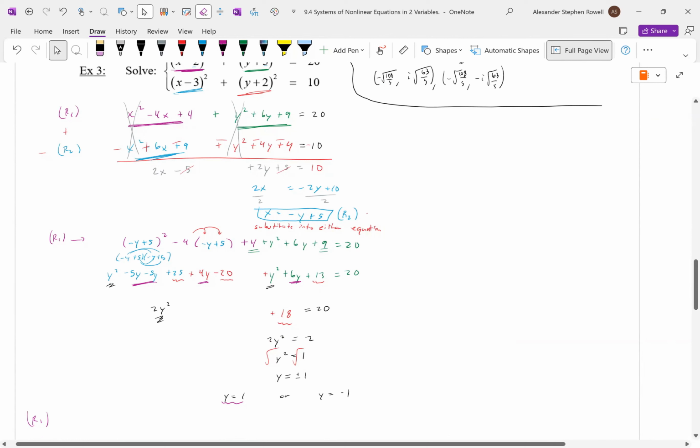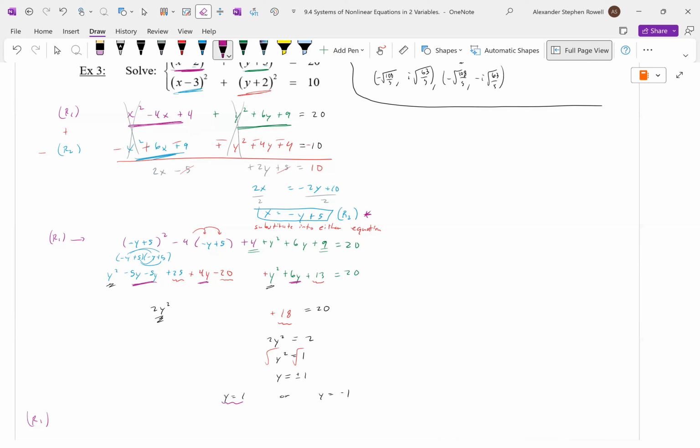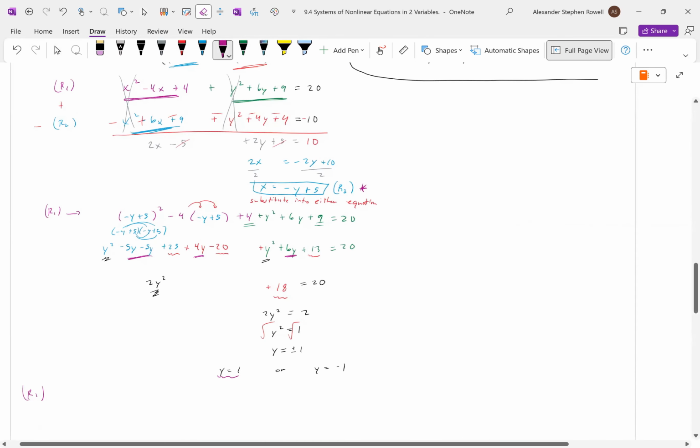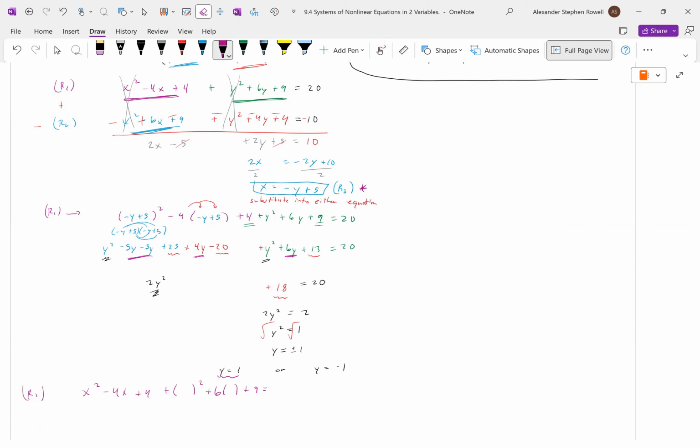If I plug into R3, this line, it will only give me 1 solution. This form is x squared minus 4x plus 4 plus y squared plus 6y plus 9 is equal to 20. I'm going to plug 1 in here, and I'll plug this one in the same equation. So I'm plugging in -1 this time for x.